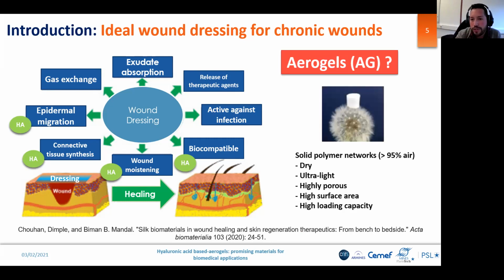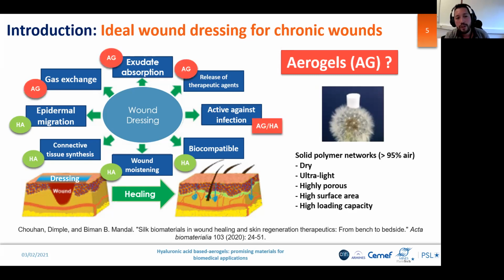But what are aerogels? Aerogel is a solid polymer network that is mainly made of air. It is dry, ultralight, and the most important characteristic for wound dressing is the fact that it has a high surface area and high loading capacity, and this is going to help, for example, the exchange of oxygen and CO2 with the wound site, also helping exudate absorption.